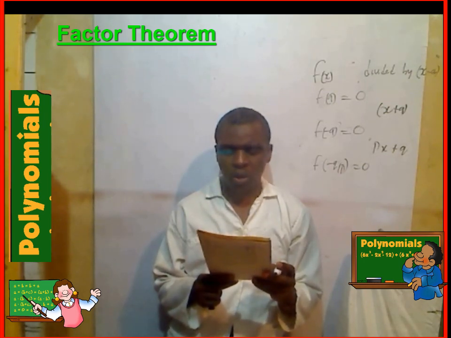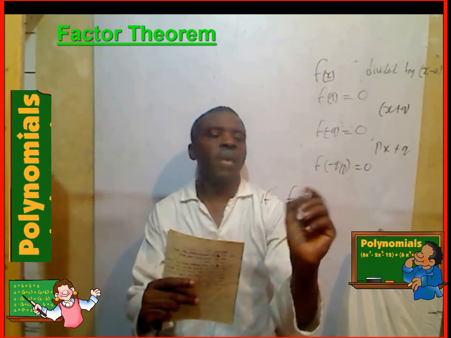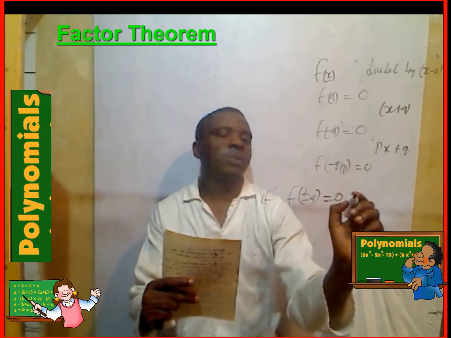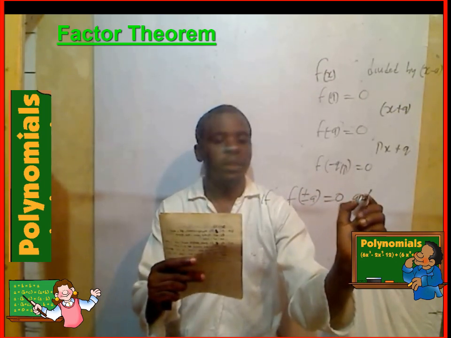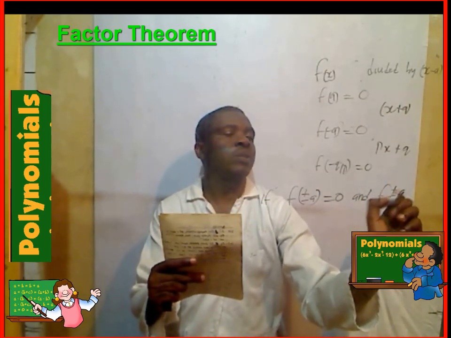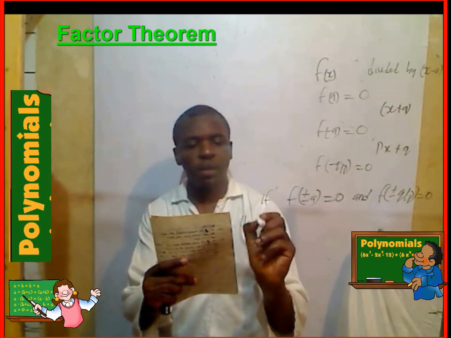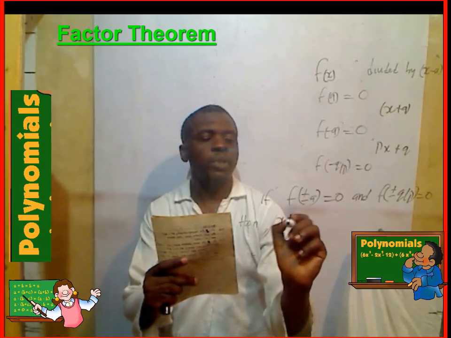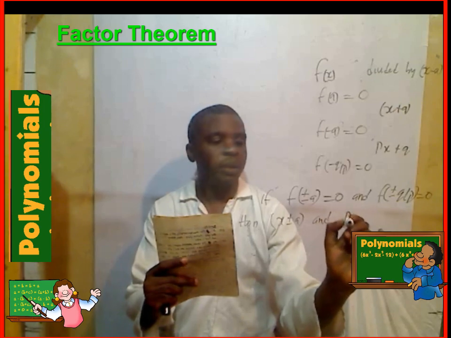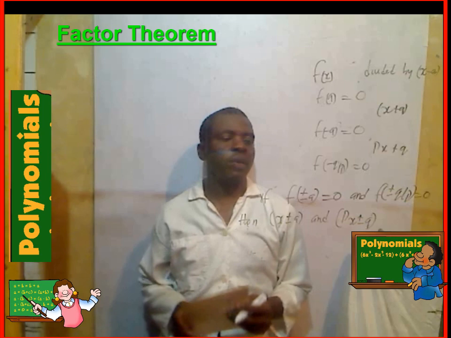This is what is called the factor theorem, which states that if f of plus or minus a is equal to 0 and f of plus or minus q over p is equal to 0, then x plus or minus a and px plus or minus q are the factors of f of x.